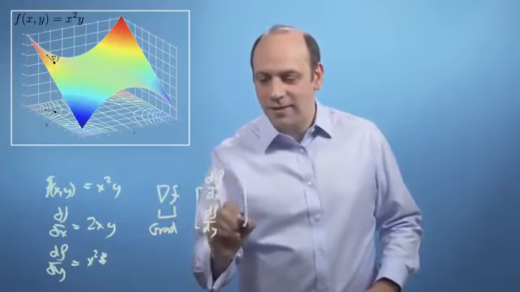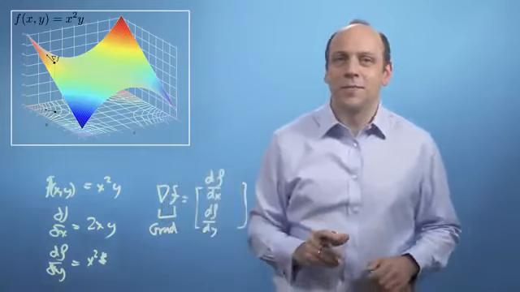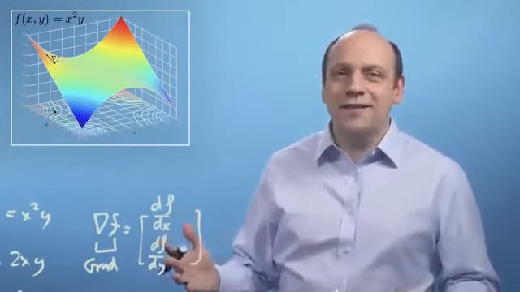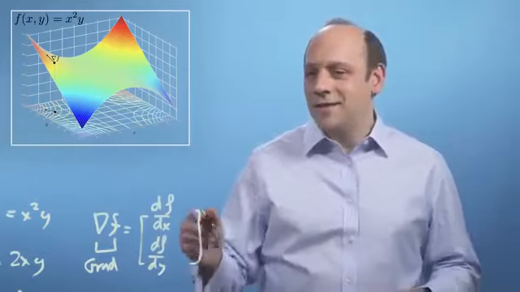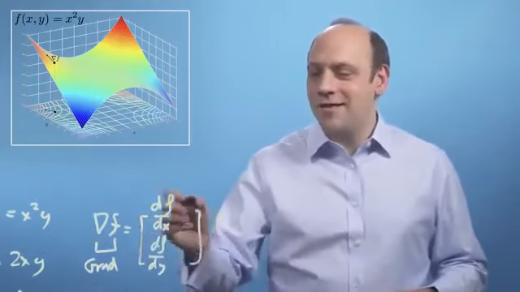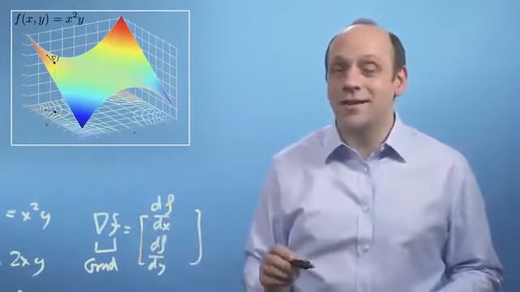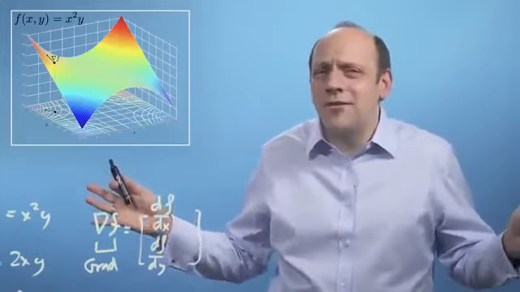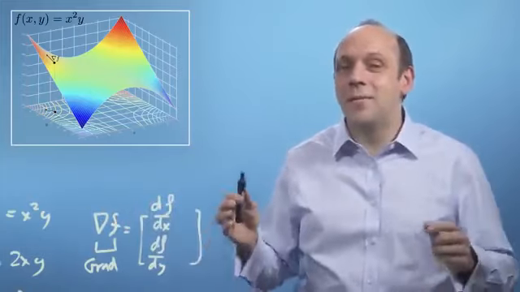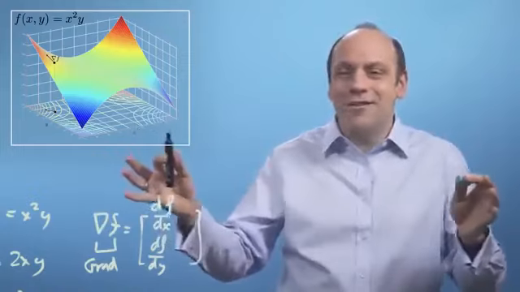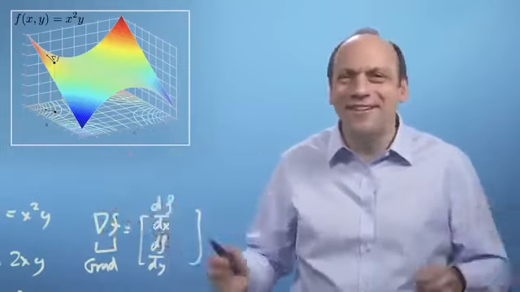It's just the vector found by writing down df by dx and df by dy in the x and y locations of the vector. And grad is like the most awesome vector ever. Grad is the little vector that combines linear algebra and calculus together. So grad's a lot of fun.